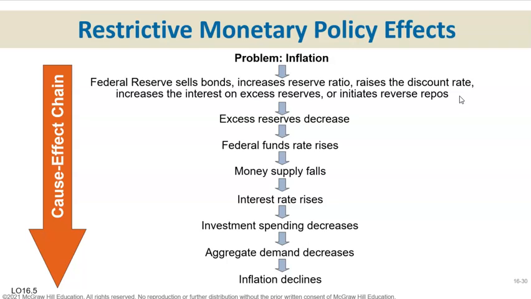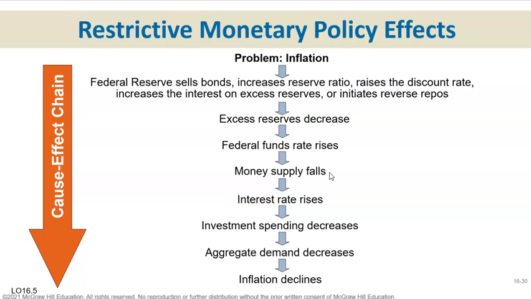They can sell bonds, increase the reserve ratio, increase the discount rate, increase the interest on excess reserves, or use reverse repos. Each of these will decrease the amount of excess reserves at the banks, decrease lending, and therefore decrease the money supply.